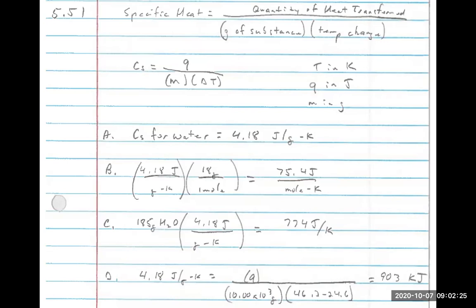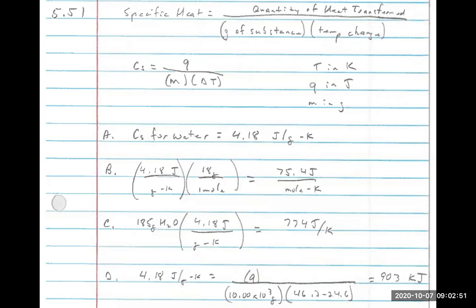What's the difference between joules and kilojoules? There's 1,000 joules in a kilojoule. Right, 1,000 joules in a kilojoule. So really, this would be 903 times 10 to the third joules, if you wanted to look at it that way. Okay, any questions on this one?